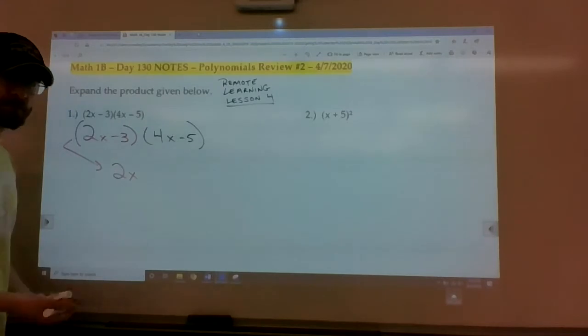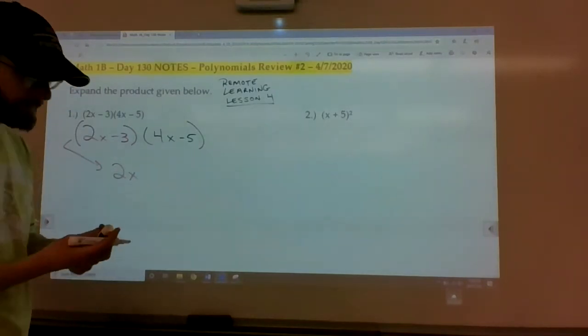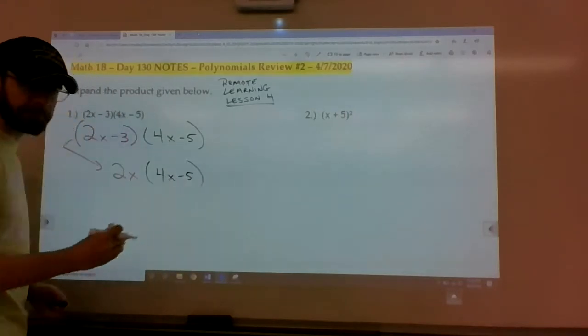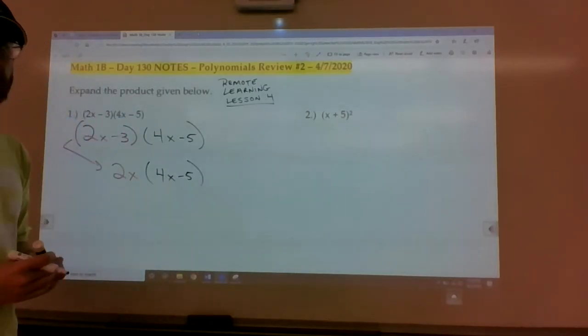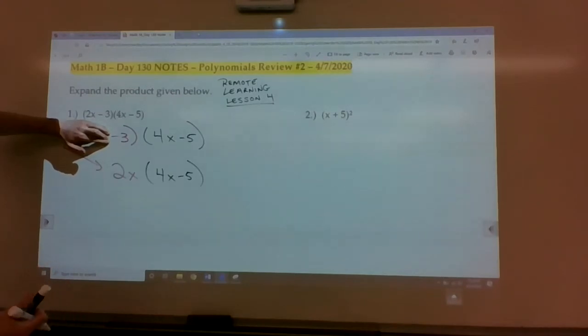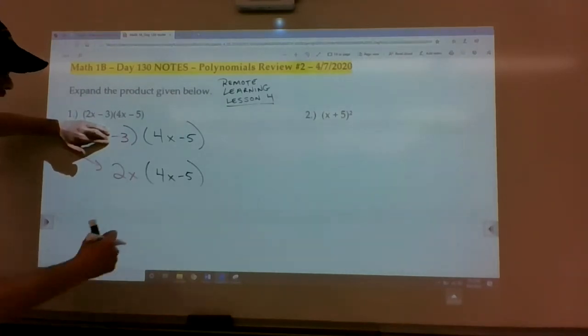So I'm going to rewrite it as, we know we have to multiply the 2x component by everything in the second set of parentheses. But we also know that negative 3 is a part of the multiplication as well. So that negative 3 is going to be multiplied by everything in the 4x minus 5 group as well.